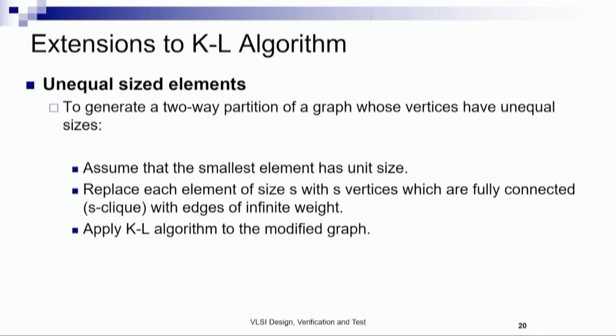Now to extend this to unequal sized vertices, we assume that the smallest element has unit size, and then we replace each element of size s with s unit size vertices which are fully connected with edges of infinite weight. So why do we do this? So that we can feed it to the original Kernighan and Lin algorithm.